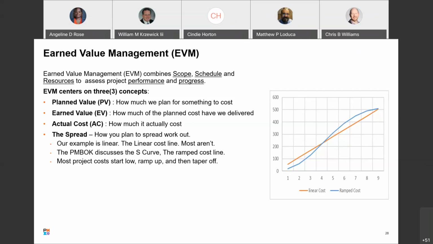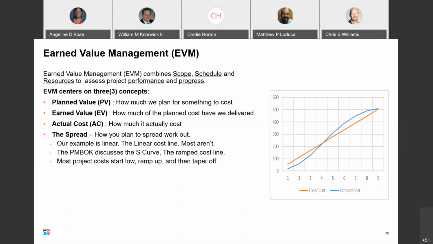Okay, the next one you'll see is earned value, EV. And as it says, how much of the planned costs have we delivered? This is the measure of work performed expressed in terms of the budget authorized for that work. EV itself is a composite measurement for both cost and time performance in relation to scheduled or planned cost and time performance.